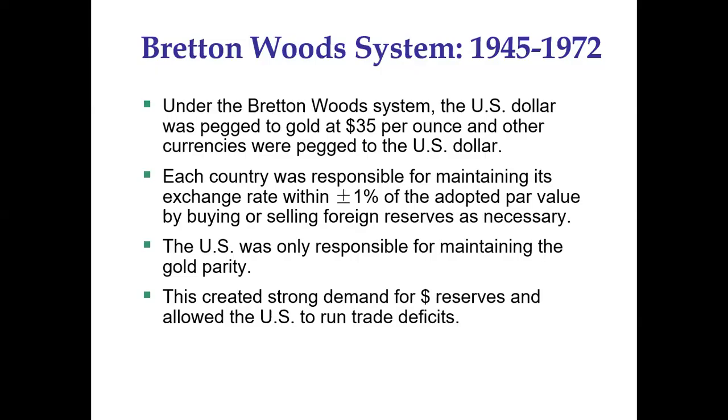Other nations were not able to maintain gold reserves because during the war, thefts, burglaries, and security were the major concerns. In this Bretton Woods agreement, they pegged the US dollar at 35 per ounce of gold. They need to maintain the gold.